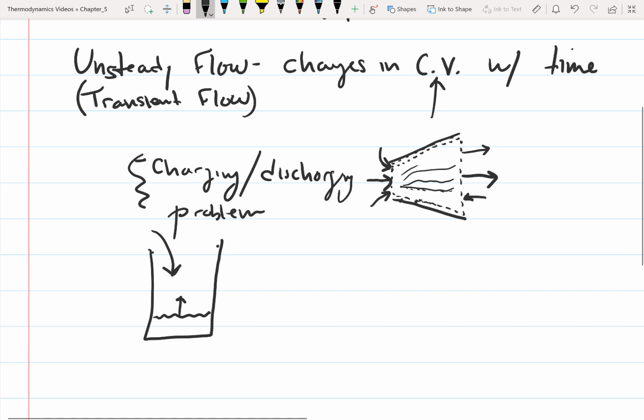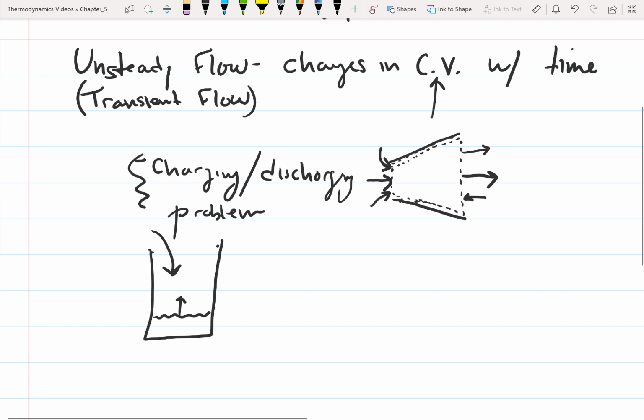So it's going to eventually fill up with water over time. But while it's filling up, the mass of the water inside the diffuser is changing with time. And eventually we know that it reaches a steady state or steady flow where the mass of the water isn't changing in the diffuser with time. And the same thing happens when we shut down the diffuser. There's eventually a little bit less water, a little bit less, a little bit less. So these are the types of problems that this unsteady flow applies to.